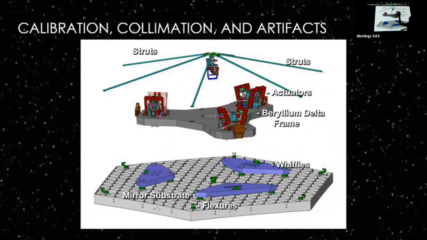And then that 7th one, the strut, also can flex and change the curvature of each individual segment to make sure that it is a well-curved mirror on its own, as well as following the complete curvature of the whole thing.